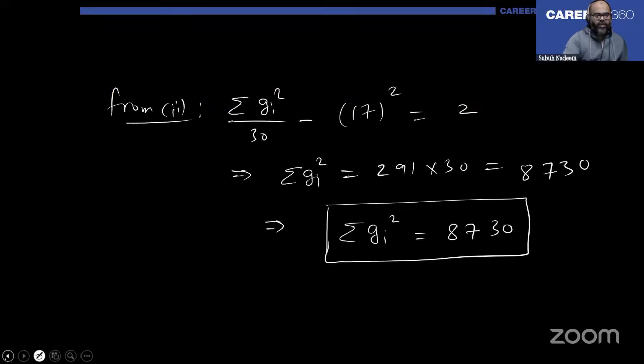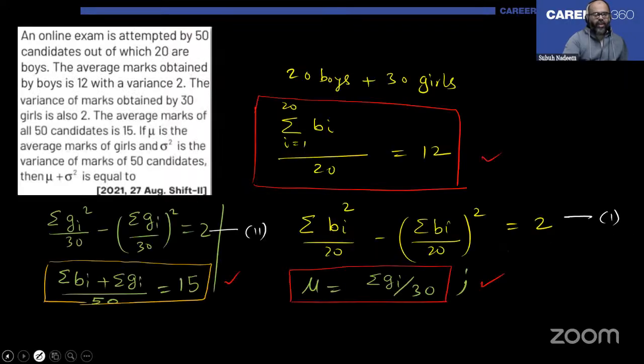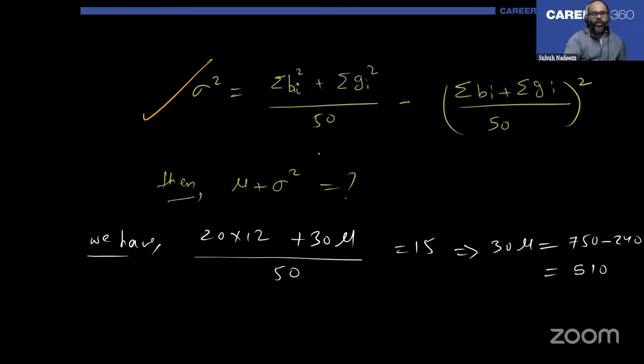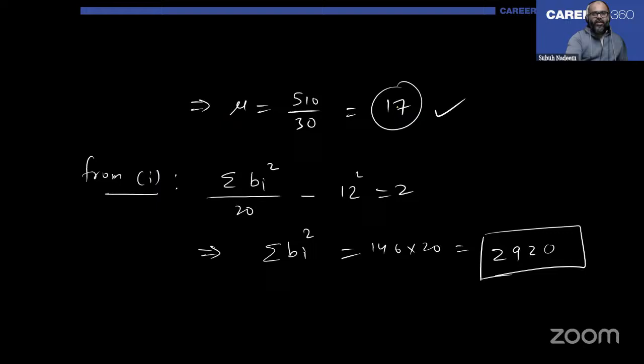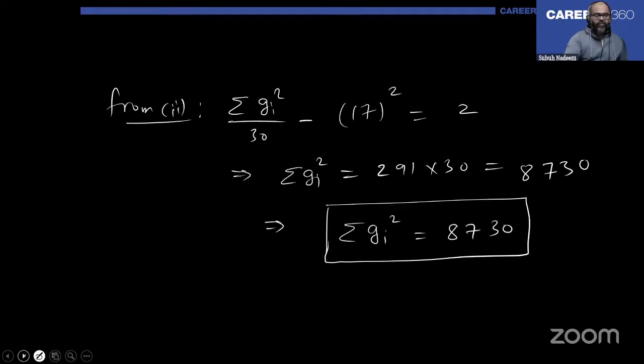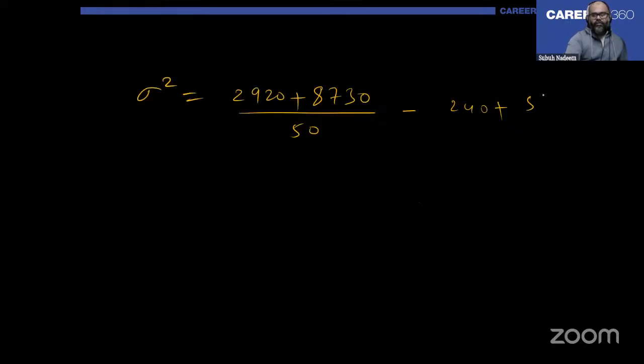Plus another is sigma Gi. Sigma Gi we are getting as 30 into mu, and mu is 17, so that is 510, upon 50 whole square.